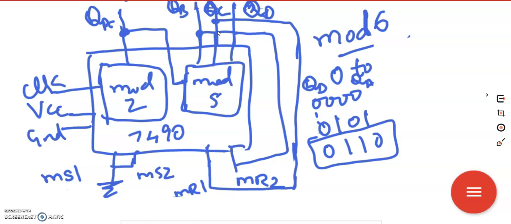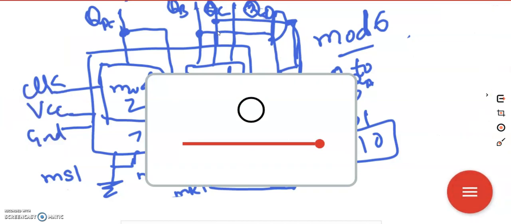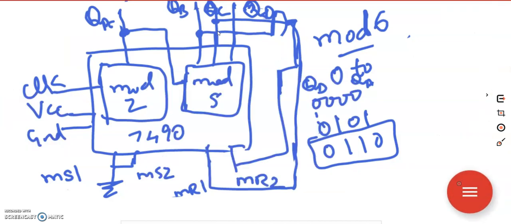If you find any such errors, the change you can make is to give QB and QC to an AND gate. The output of this AND gate you connect to both the reset pins. There is then a high chance that you will not get any reset errors.